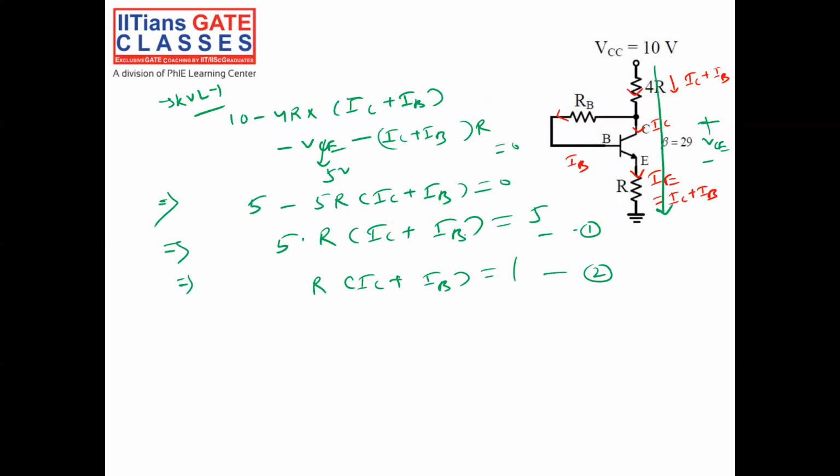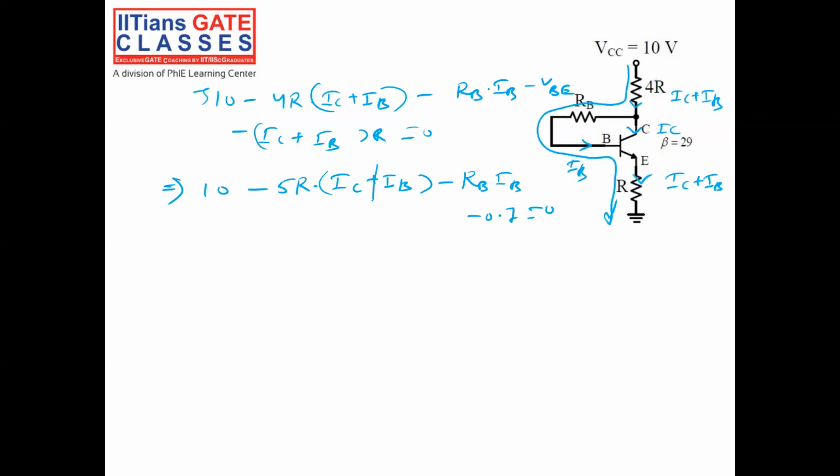From equation 1, 5R into IC plus IB is 5 volt, so I can replace it by 5 volt. So 10 minus 5 is 5, minus RB into IB, minus 0.7 is equal to 0. This implies IB into RB is equal to 5 minus 0.7, which is 4.7 volt. This is equation 3.